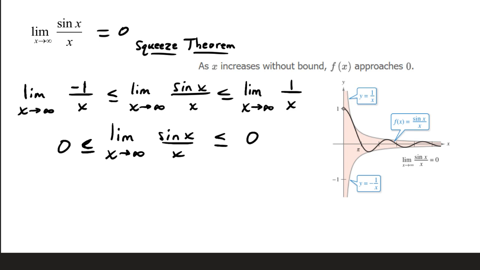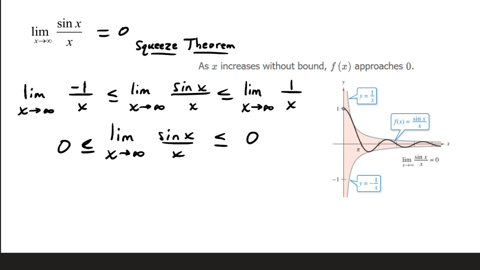We can find this limit above using the squeeze theorem. Sine of x has a minimum value of -1 and a maximum value of +1, and that's due to the amplitude of sine. We can trap our limit between two limits that are much easier to determine.